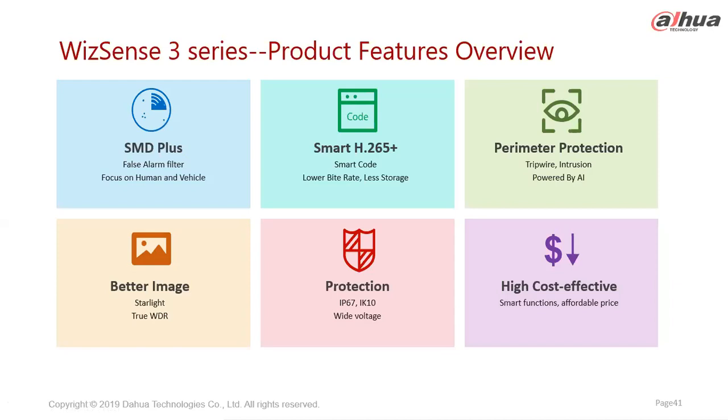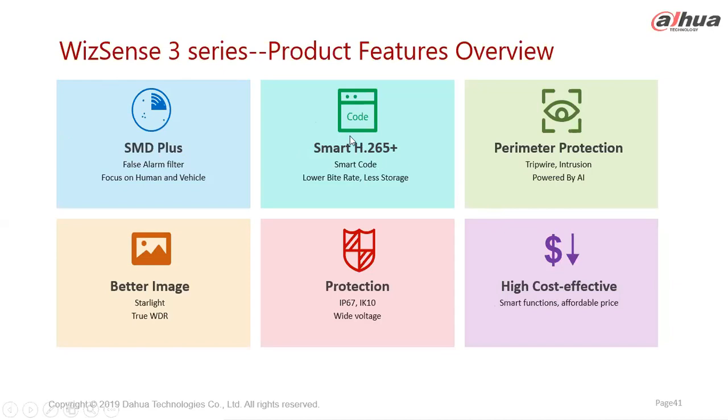Another function that all WizSense 3 cameras support is H.265. It goes without saying that WizSense 3 and WizMind 7 can do that. So WizSense 3 has the smart function of H+265.